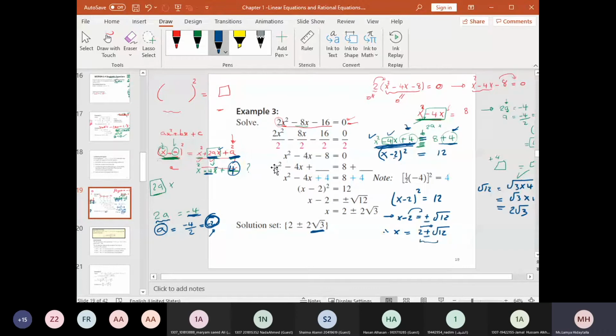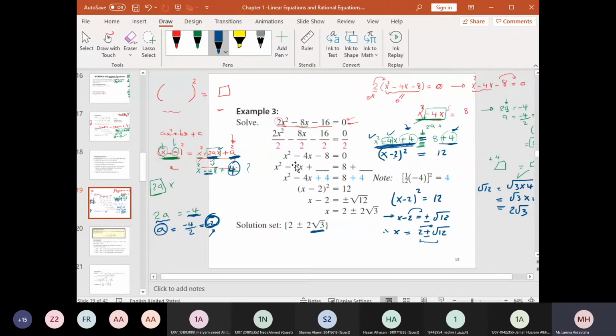Now I want to make this a complete bracket. So what is the missing number here such that this will be a complete bracket?